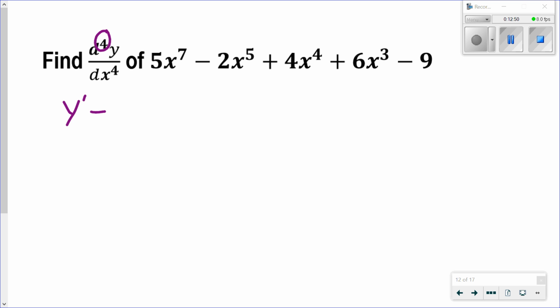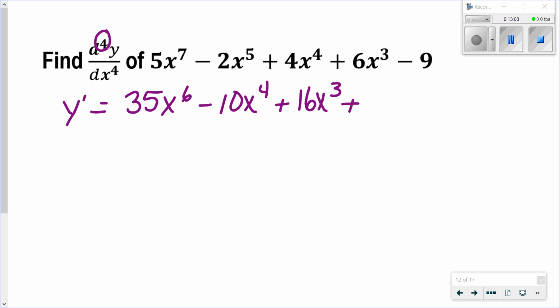So y prime is going to be 35x to the 6th minus 10x to the 4th plus 16x cubed plus 18x squared. Remember, if you want to do this on your own before you see the answers, go ahead and pause the video.